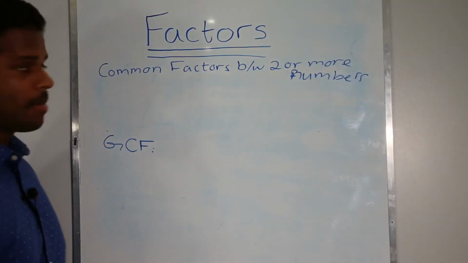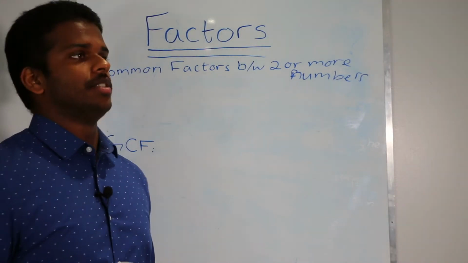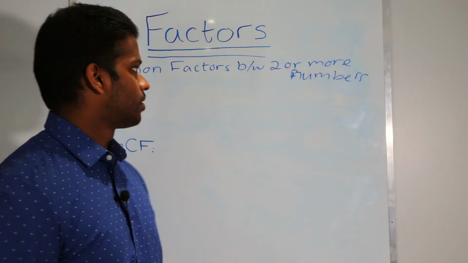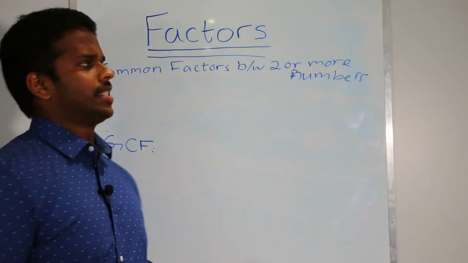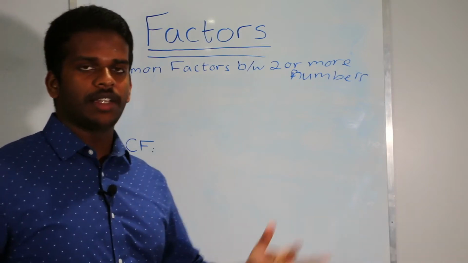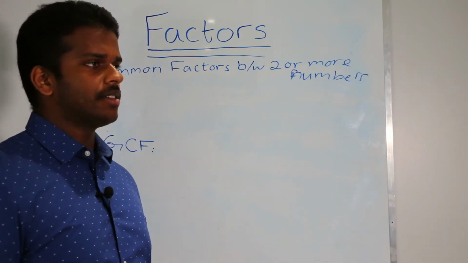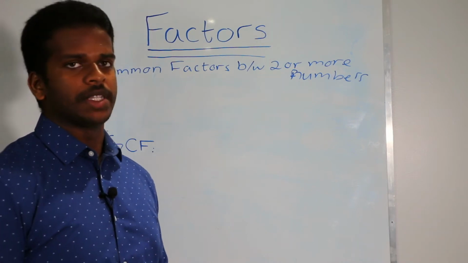Now we're going to deal with common factors between 2 or sometimes more numbers, because you will often get that in fractions. Common factors, it's in the word itself, is when you're looking at the factors of 2 different integers and asking what factors are common between the 2.